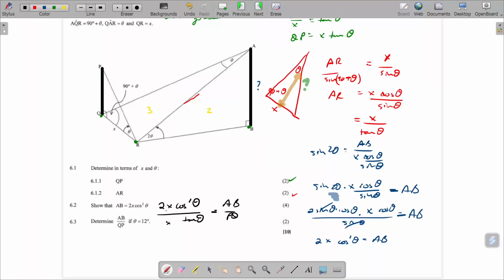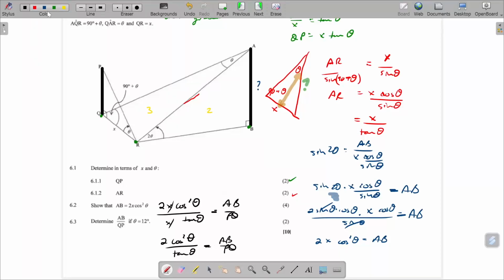The good news is that the x's will cancel. The other good news is that we know that tan is sine over cos. So we've now got 2 cos squared theta over tan theta equals AB over PQ.